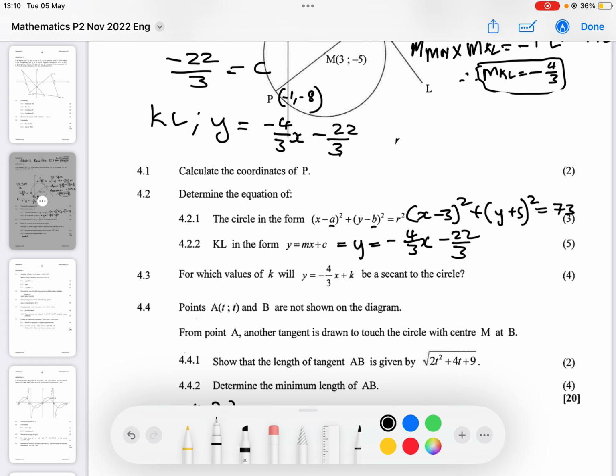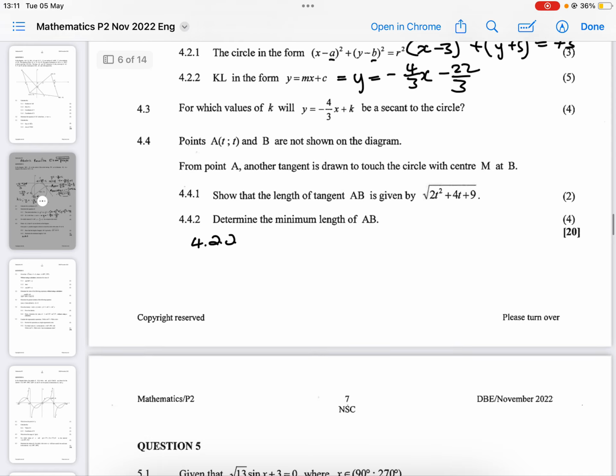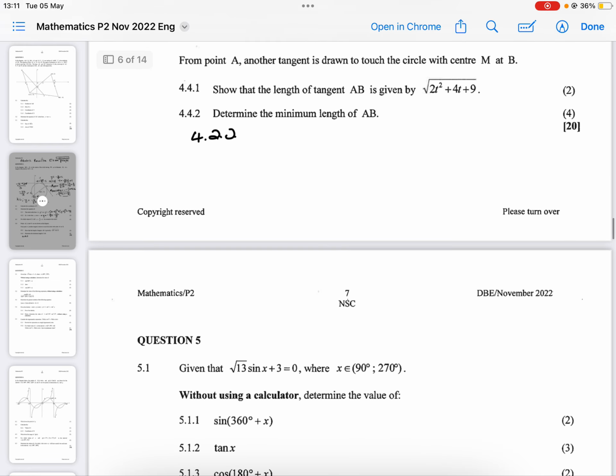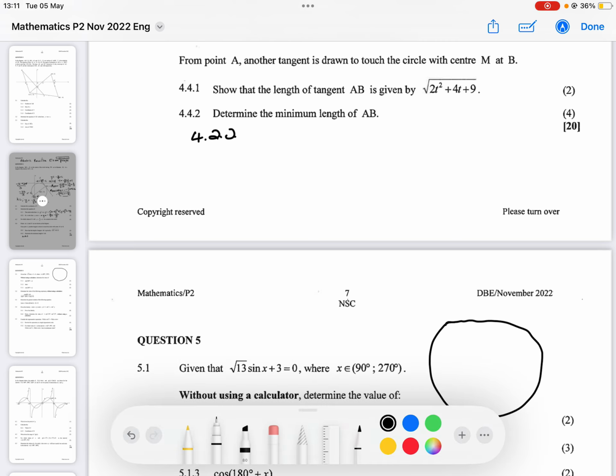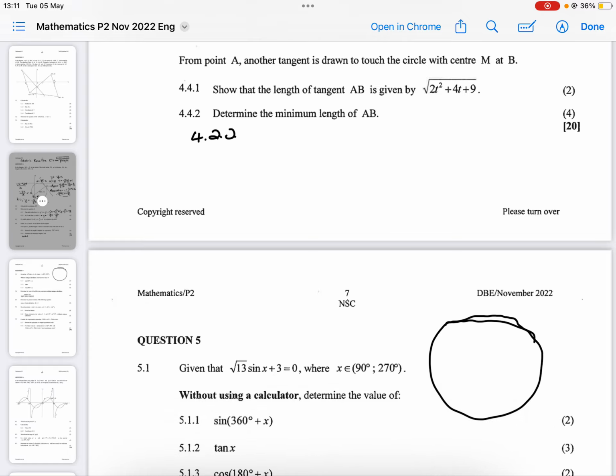Okay. What is a secant? A secant is not a chord. It's not a diameter. It's not a tangent.